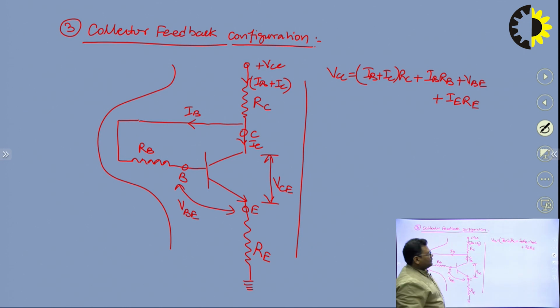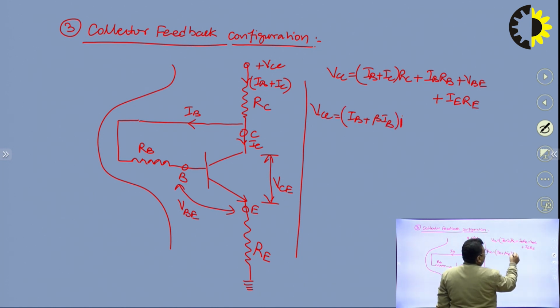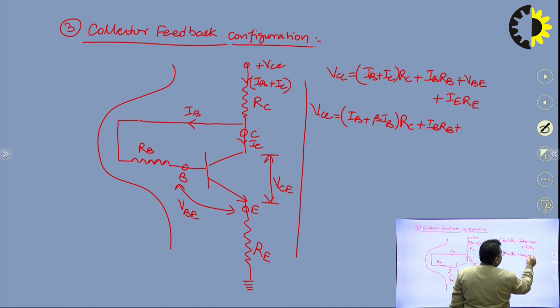right? So in this equation we can see we have a term of IC also, we have a term of IE also, all these terms we will convert into IB, okay. So we will write VCC is equal to (IB plus beta times IB), because IC is equal to beta times IB, into RC plus IBRB plus VBE plus this IE can be written as (beta plus 1) into IB into RE, okay.